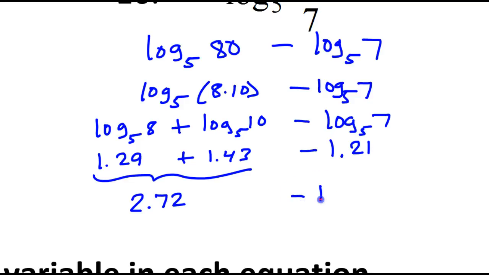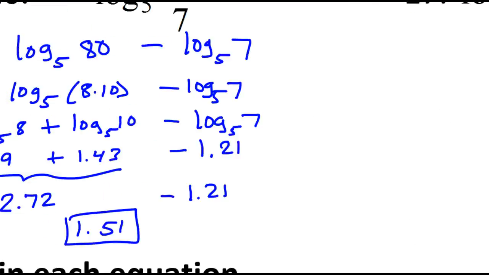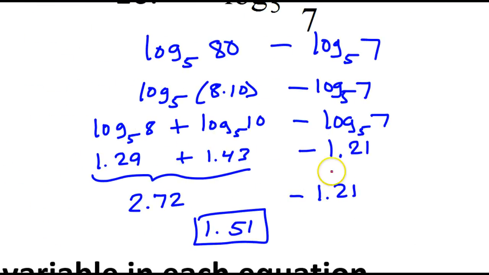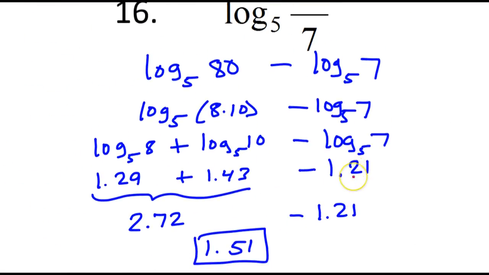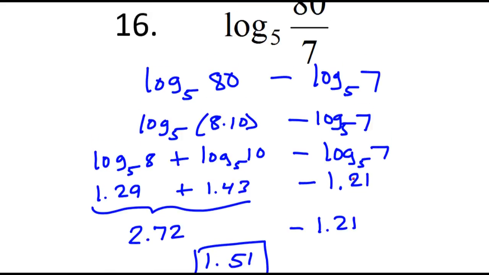And then minus 1.21. Now I'm just going to subtract these, and I get 1.51 for the answer. I'm just realizing I'm supposed to write these on the lines over there. Whatever, I can do that later. But that's it. That's the answer to number 16.